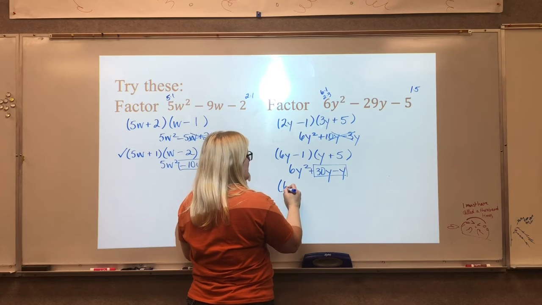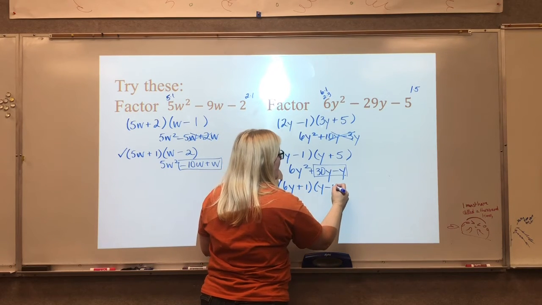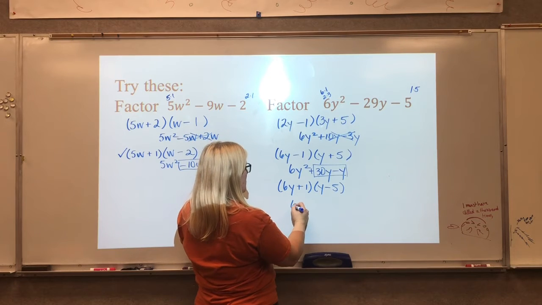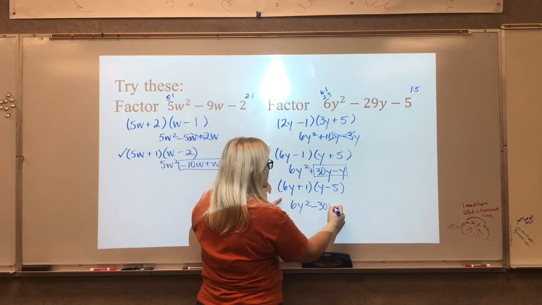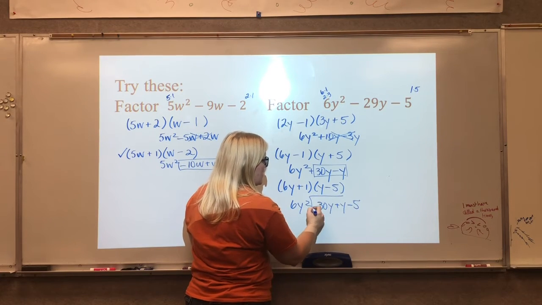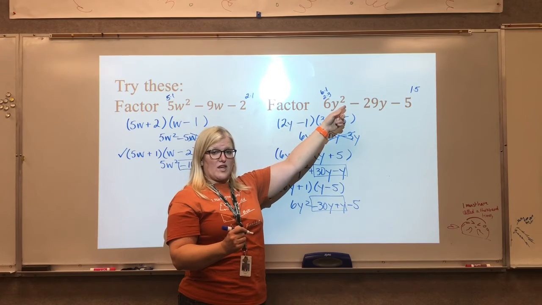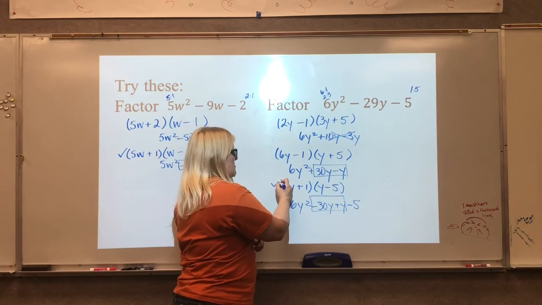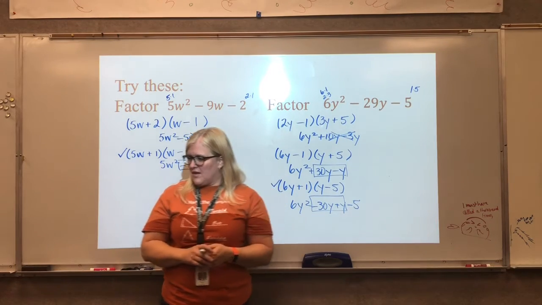So I have 6y plus 1 times y minus 5, and that's going to give me 6y squared minus 30y plus 1y minus 5. There's my negative 29y, which is what I'm looking for. So here is my answer right there, and I hope that's what you got.